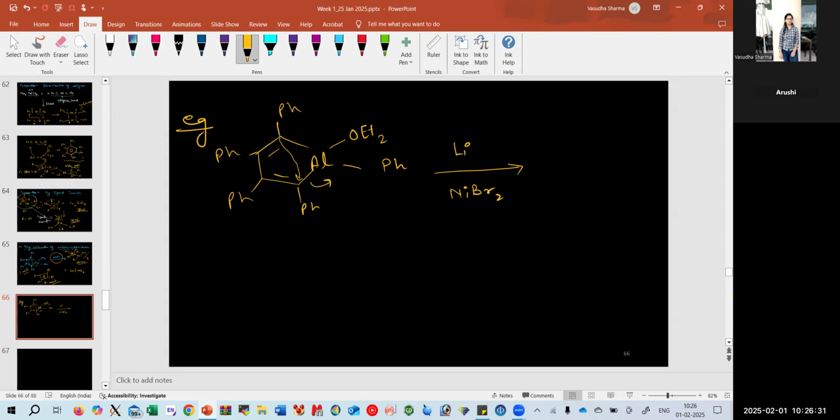Now, in presence of the lithium, it would try to make a monomeric structure having both groups similarly attached. That means cyclobutadiene groups on every side.